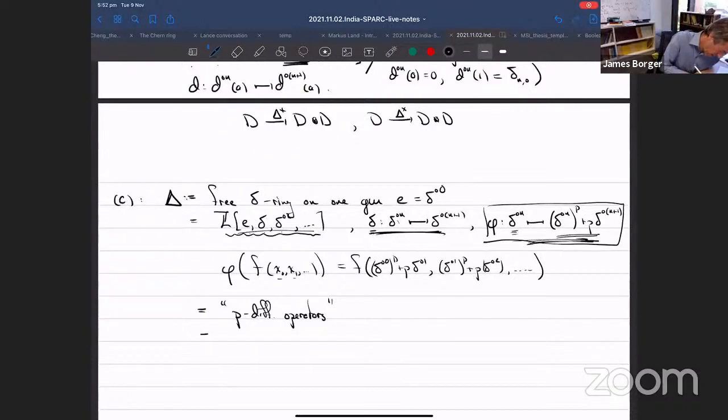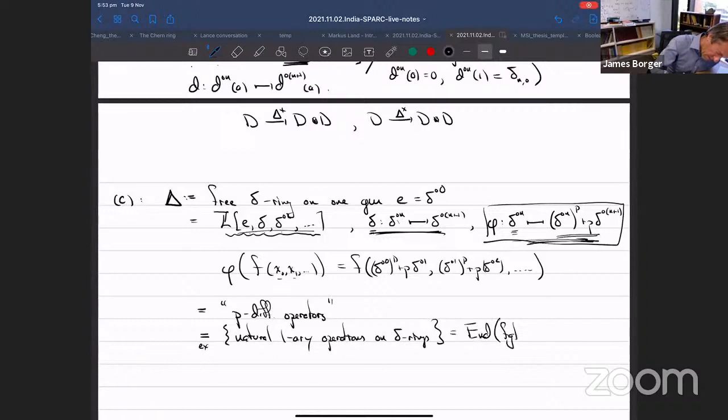And then you can also check, maybe as an exercise, that this is in bijection with the set of natural one-ary operations on delta rings, in other words, endomorphisms of the forgetful functor from delta rings to sets.